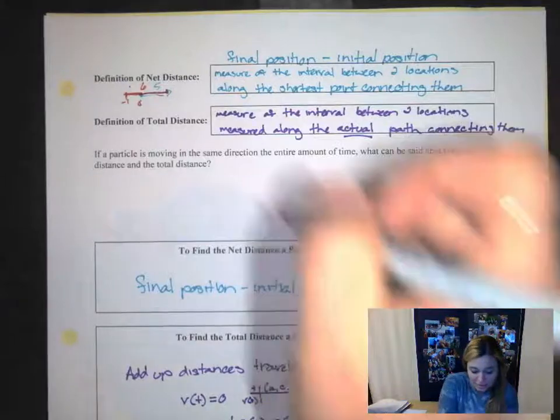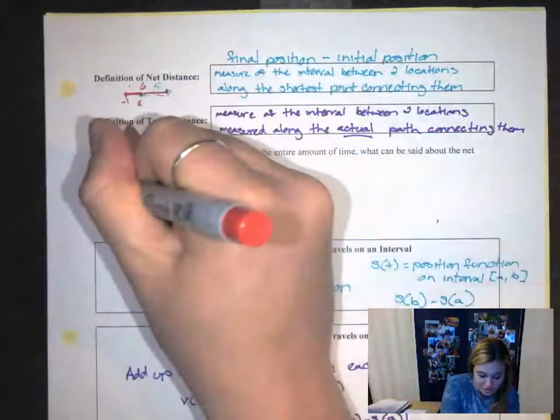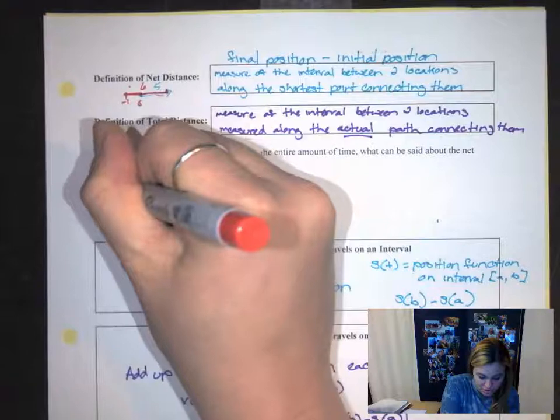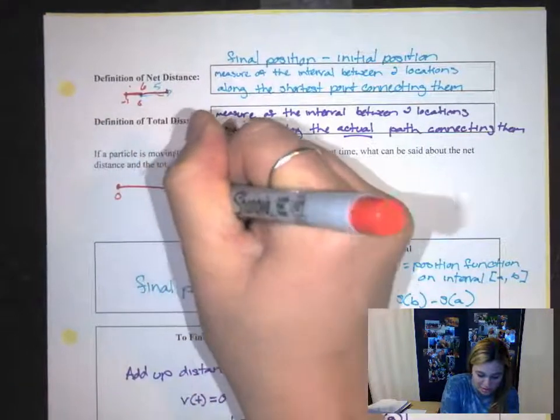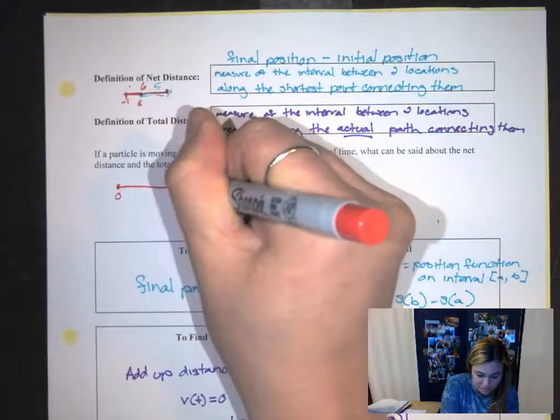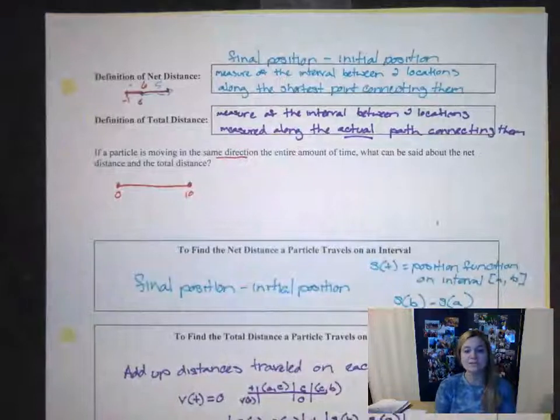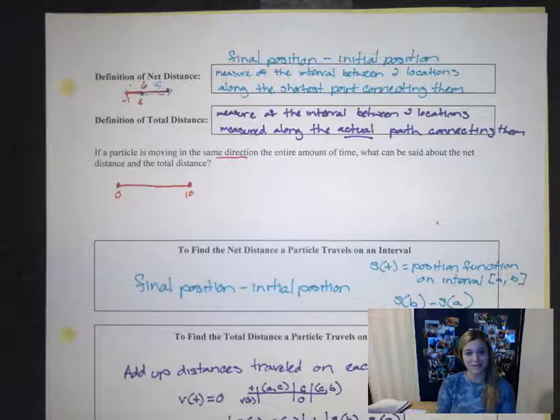But let's say a particle is moving in the same direction the entire time. I start at position 0 and go right and right and right and right, and I end up at position 10. What's the net distance? 10, because we went 10 to the right. What is the total distance? 10, because that's all I've moved.